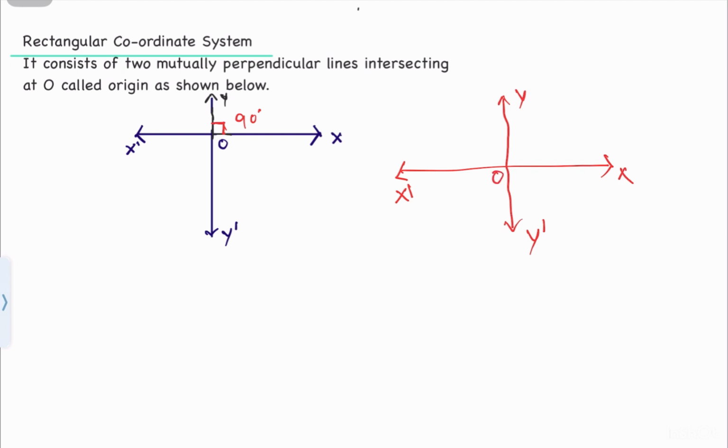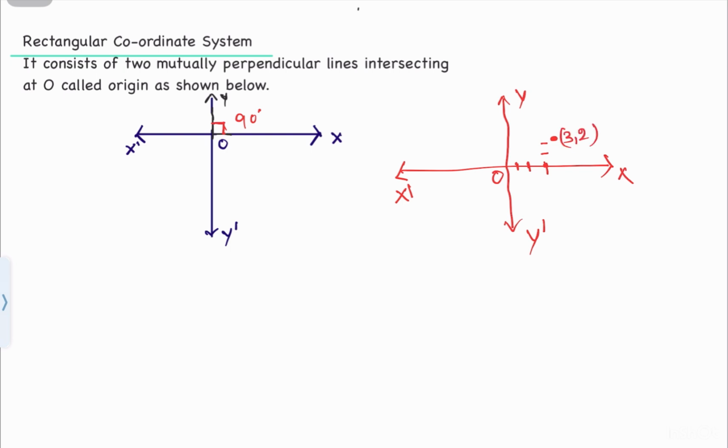Okay, if I take any point on the right side of O, then it is called positive. Assume I take positive 3: 1, 2, 3. Then I want to go on the y-axis side, 1, 2. Then I can write this point as 3 comma 2.